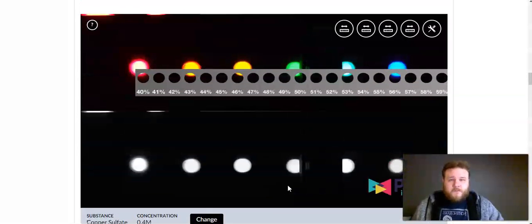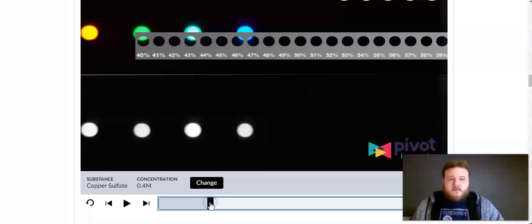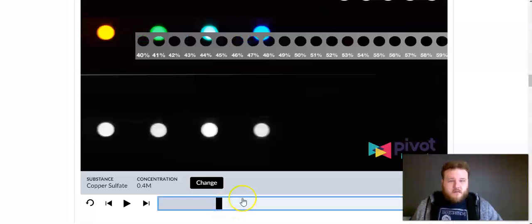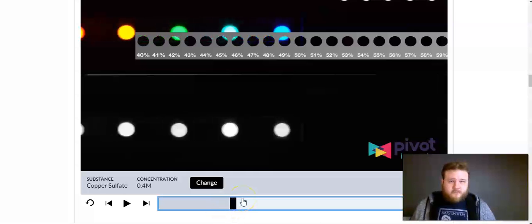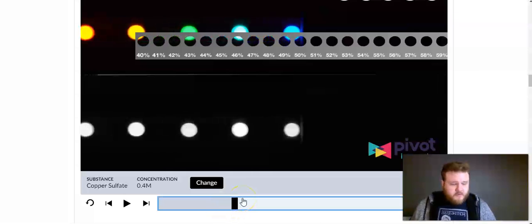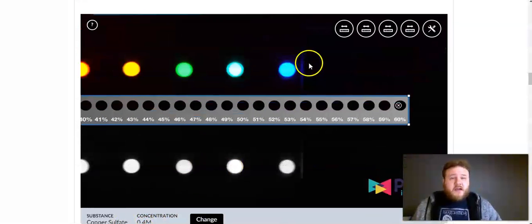So when we move back here, I'm at the blue. Okay, so this is what I did for you a little earlier. We're at 0.4 molarity copper sulfate.